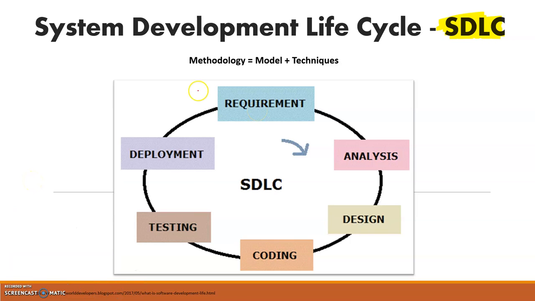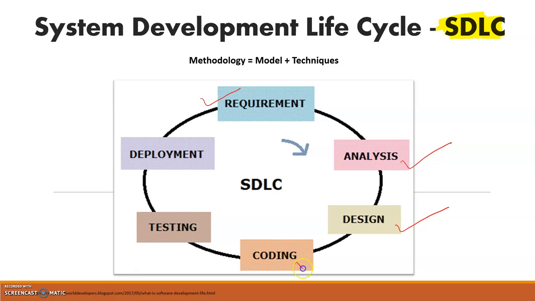First you start with the requirements of your software. After checking the requirements, you do the analysis, right? Here you check all the feasibilities and everything. After that we design it, like on paper or a blueprint.